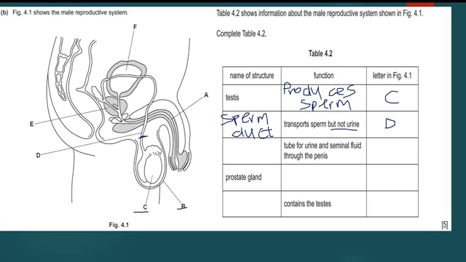Okay, then tube for urine and seminal fluid through the penis. Good. Tube for urine and seminal fluid through the penis. So that one now will give us the urethra, which we are going to call it A. So we have A there, then we call it urethra.